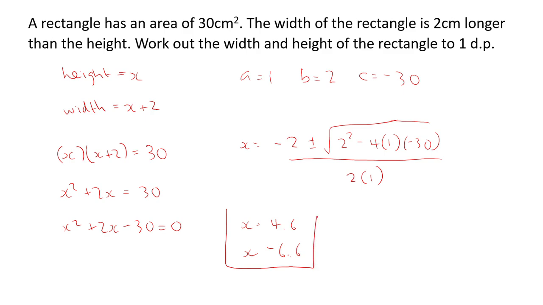So those are your two solutions, and what you'll find is when you multiply those two together, you will get 30. Not exactly these two numbers because they're rounded to 1 decimal place, but you should be able to multiply the full answer by that full answer together, and it would have given you 30 centimeters squared.